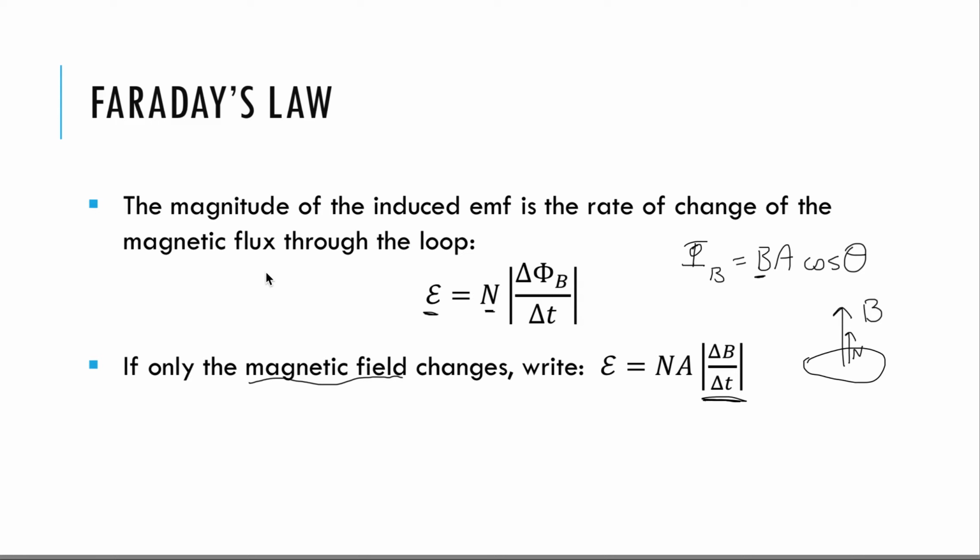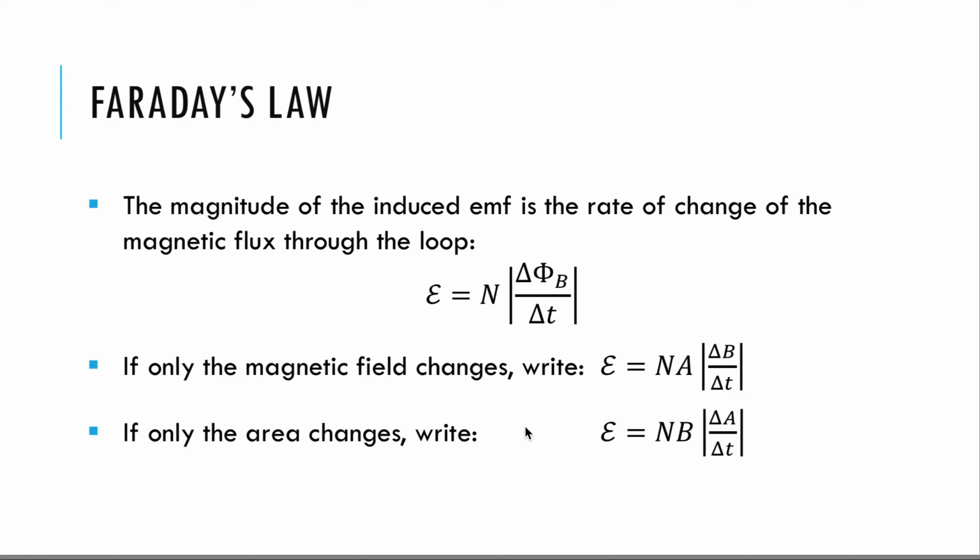Cosine of 0 is 1. And the other thing I've done is I said, well, what if we're just changing the area of the loop? Then we can write Faraday's law like this: the EMF induced equals N times the magnetic field, which is not changing, multiplied by how fast the area is changing.